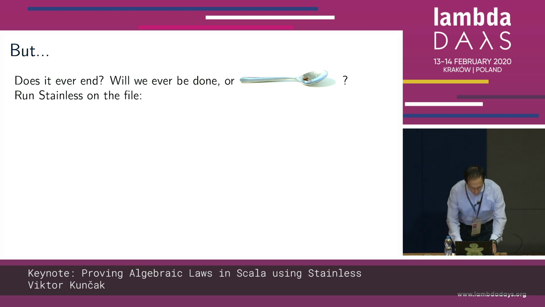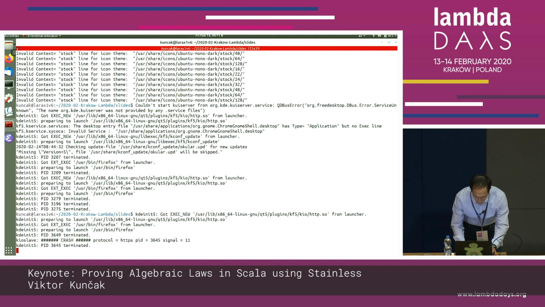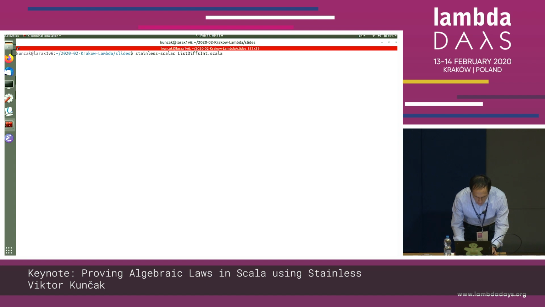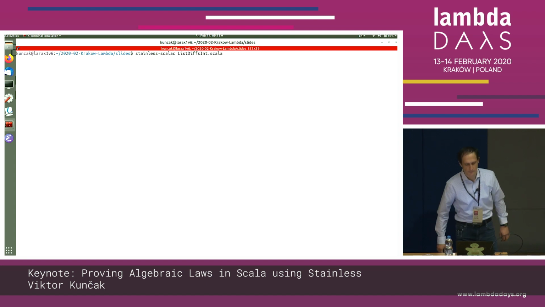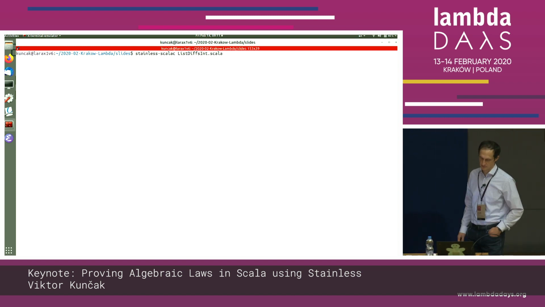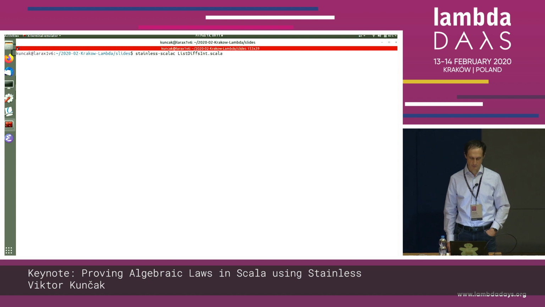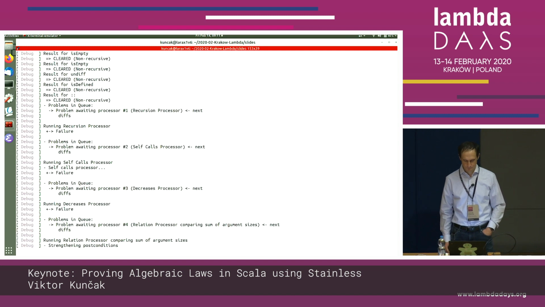Okay, so let's try to run this file through our tool, Stainless. It's going to be lots of things passing by the screen and going a bit fast, but I'm going to highlight the important ones.